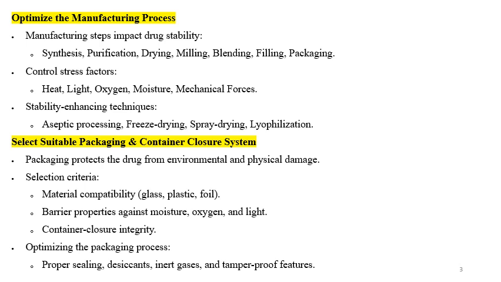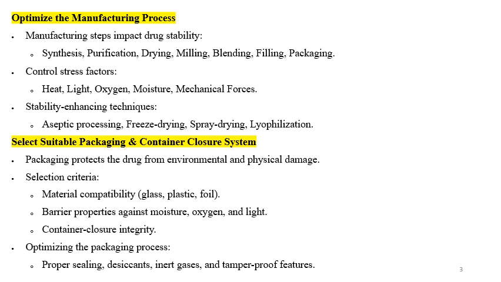Selection criteria for packaging depend on the drug molecule behavior and also on the material compatibility, barrier properties against moisture, heat, light, oxygen, and container closure integrity. So optimizing the packaging and packaging process becomes crucial for stability enhancement.